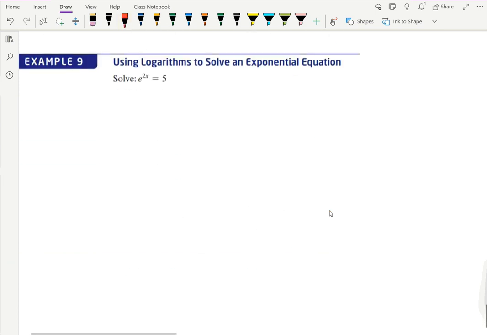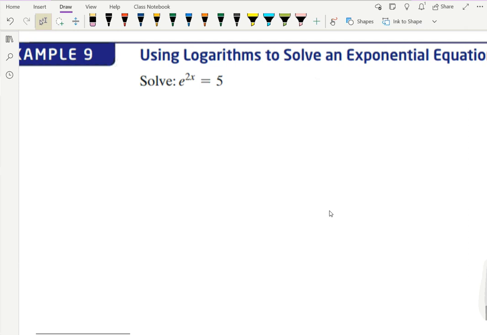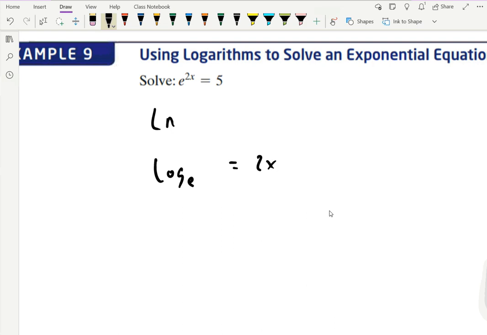Last example, let's solve something with a base of e. The base of e, that means we can rewrite this. We can say the natural log, also written log base e. So e to some power, and our exponent here is 2x.